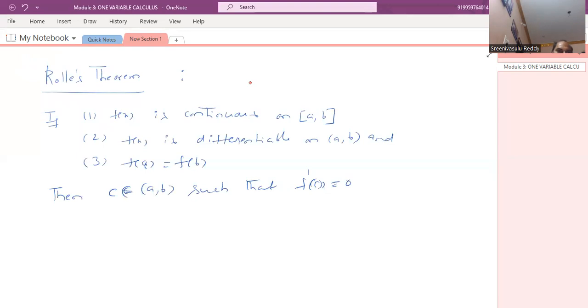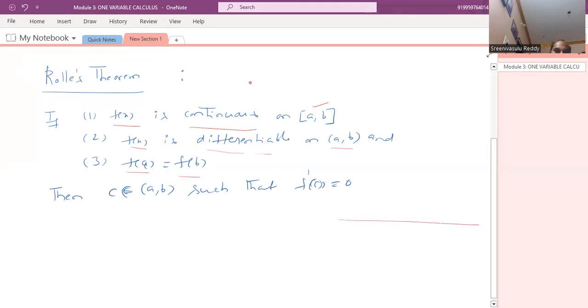F of x is continuous on the closed interval. Second condition is f of x is differentiable on the open interval a comma b. Third condition is f of a equal to f of b. If these three conditions are satisfied, then there exists a point in between a comma b.